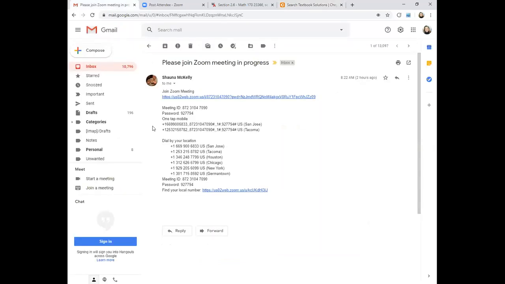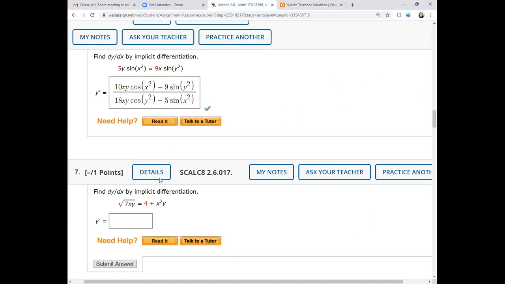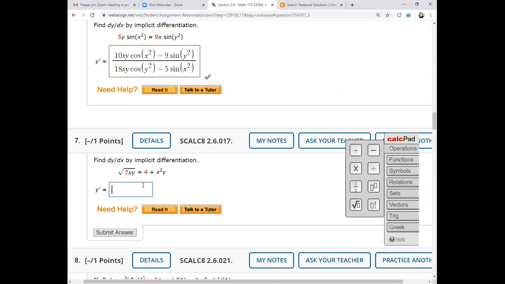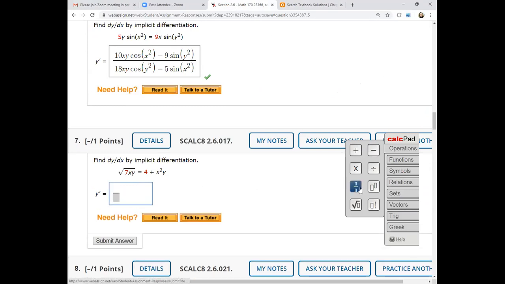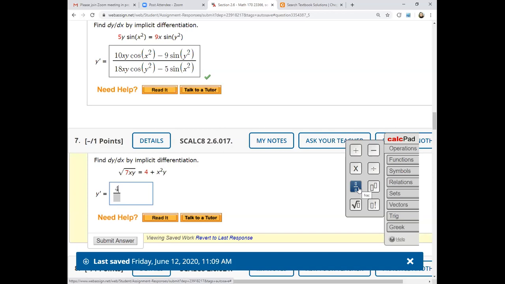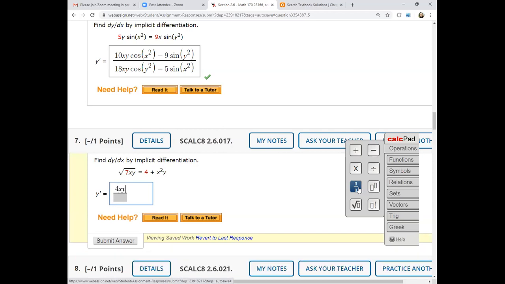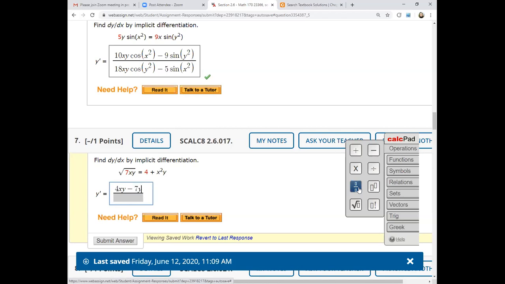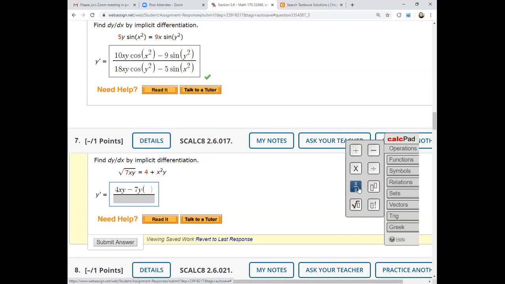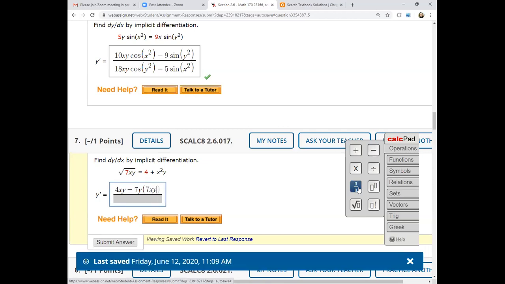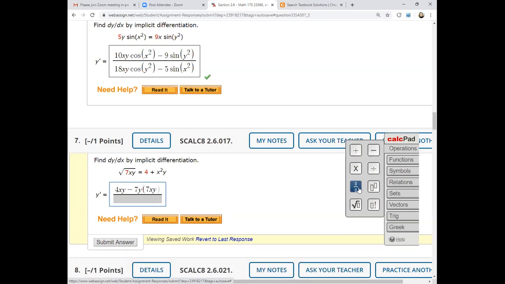If I were dealing with this, this would be a complex fraction where dy dx is equal to 4xy minus 7y times 1 over the square root of 7xy, and then I would divide that by 7x times 1 over the square root of 7xy minus 2x squared.